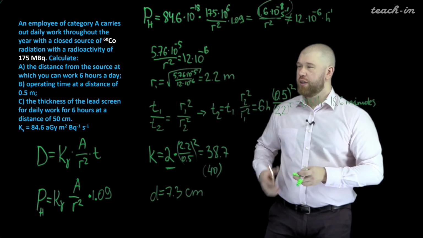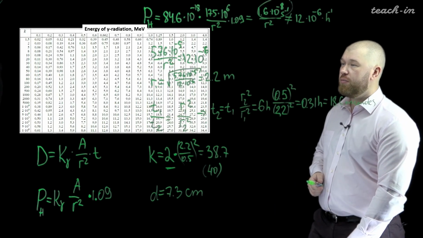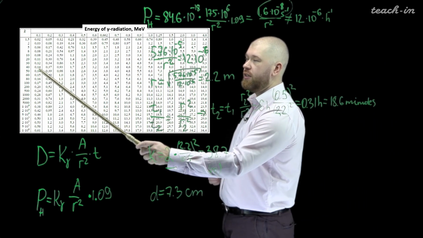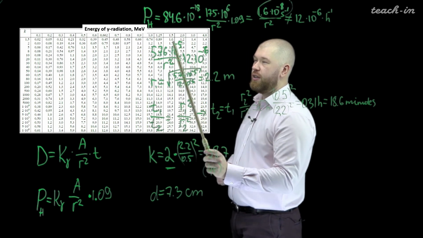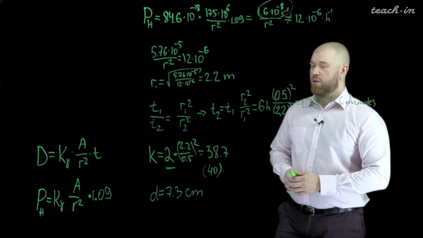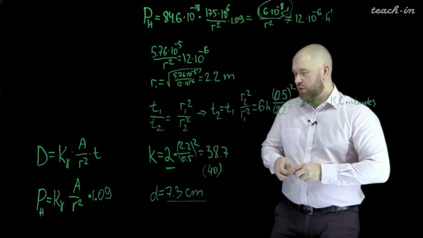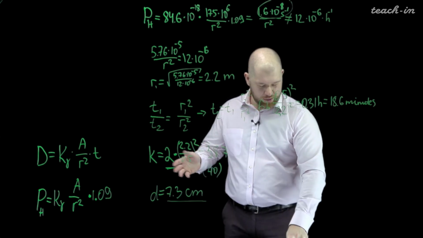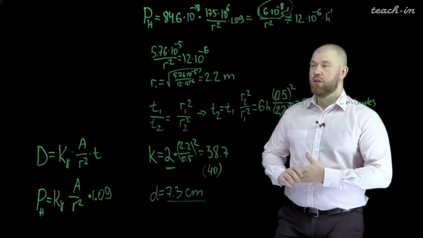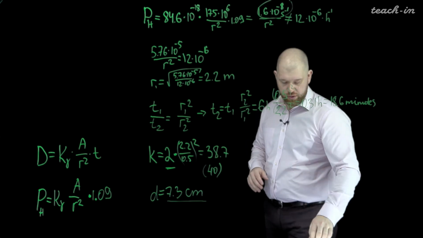So again, it is not a calculation. We can take it from this table. When we know the coefficient K, you can see here this number, and then we know the energy, and on the cross section of these two numbers, we are finding our number. So we should use around 7 centimeters of lead to ensure the safe operation with this source. So it's not a very thick shielding. Okay, let's go to the next task.